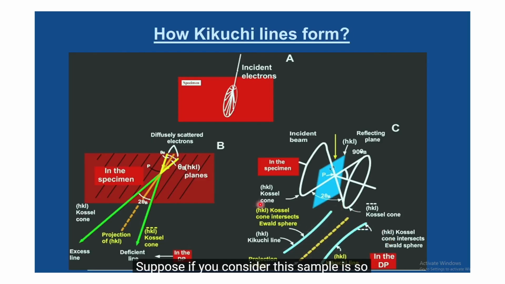The orange one is your incident electron beam, and due to the Kossel cone interaction with the Ewald sphere, you get one excess line and one deficient line. Together these green lines form your Kikuchi band, and this Kikuchi band forms in the diffraction plane.